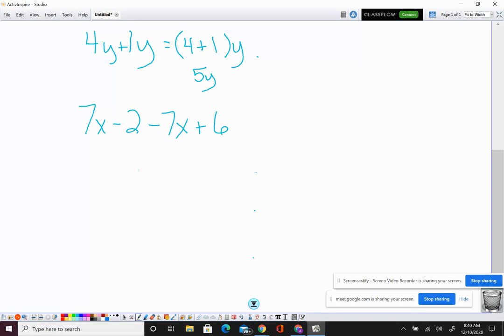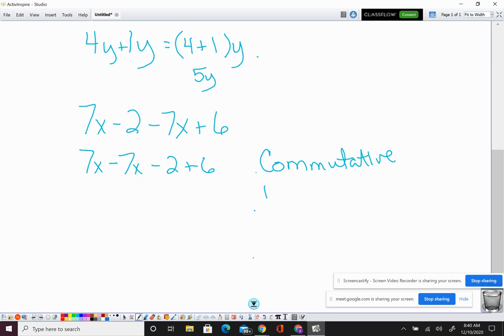I'm going to want to switch this around so that my variable terms are together. So when I'm switching the order that I'm writing things, what's that called? You got it. You guys are so smart. Commutative. It's the commutative step. So we have the commutative step that we're performing right there.